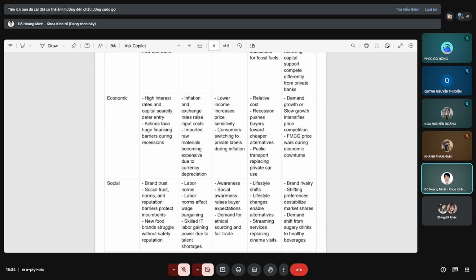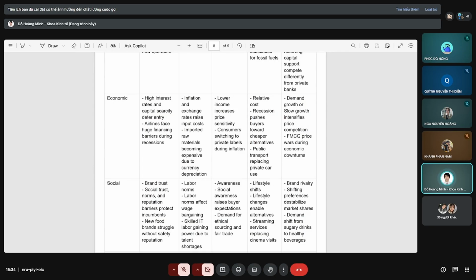Okay, so I move to how it influences the rivalry and strength. During an economic recession, the competition between the competitors in the industry will increase, because the customers have witnessed a decrease in their budget.